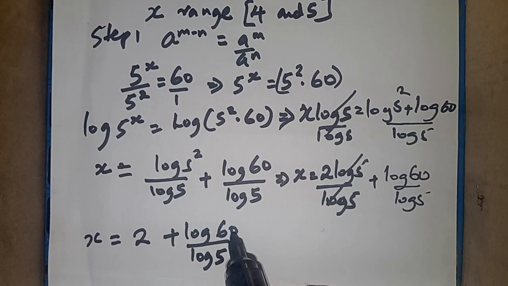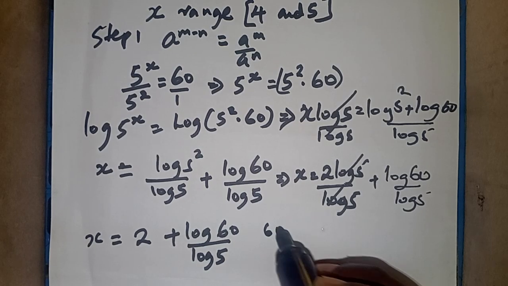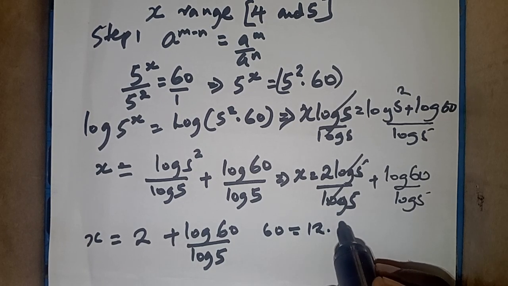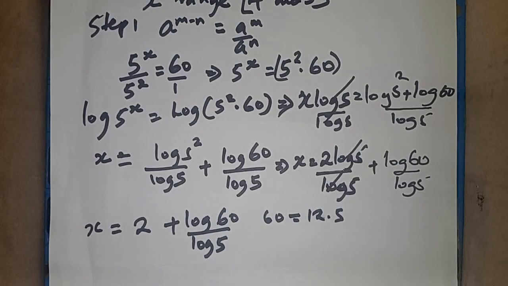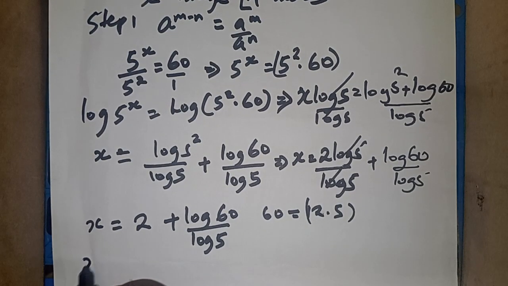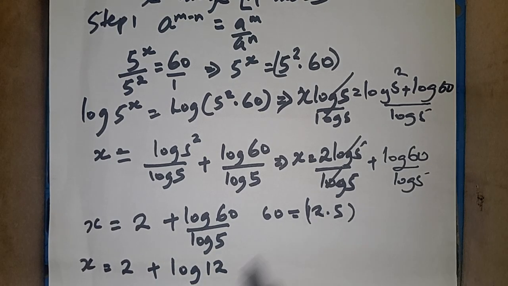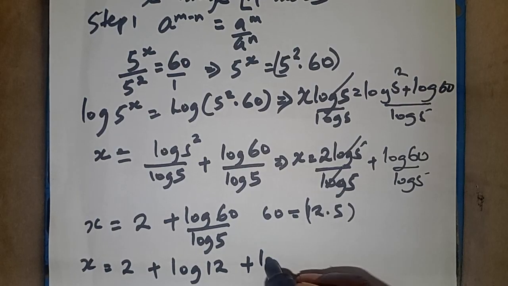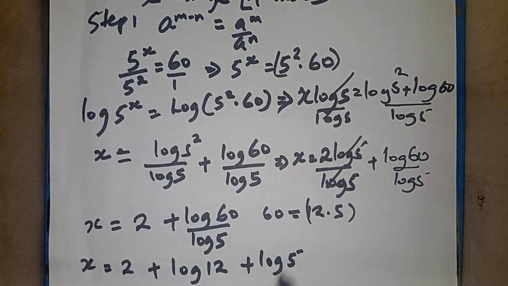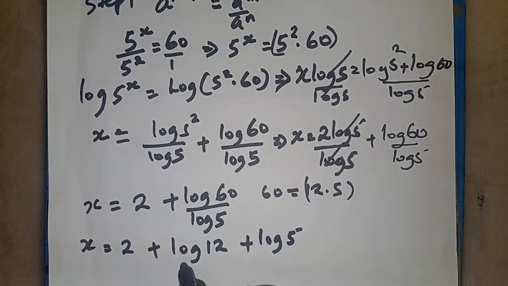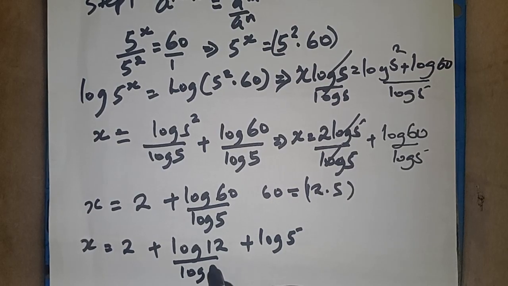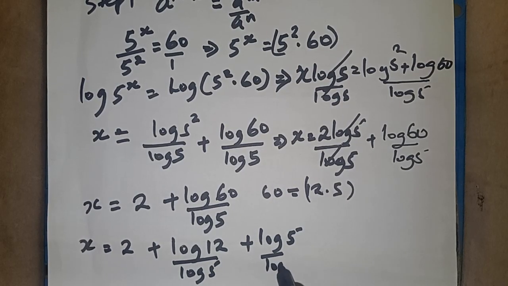I can rewrite 60 as the product of 12 multiplied by 5, so that x now becomes 2 plus the log of 12. Remember, I'm multiplying, so I'm going to add, divided by the log of 5, and all through divided by the log of 5.